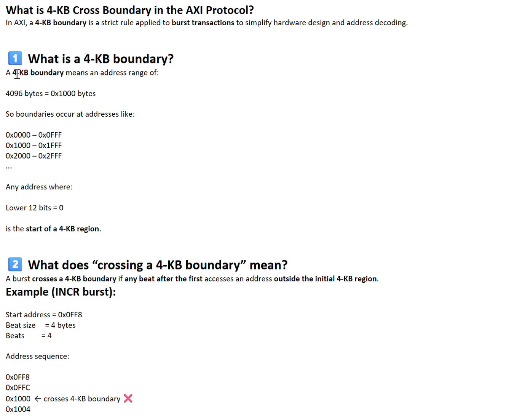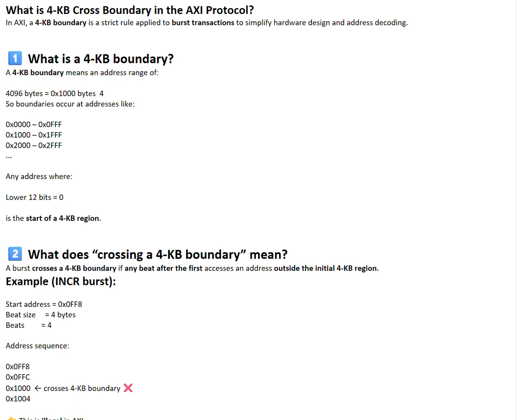When we say 4KB, 4 is 2 squared and K is 2 to the power 10. So 4K is effectively 2 squared times 2 to the power 10.